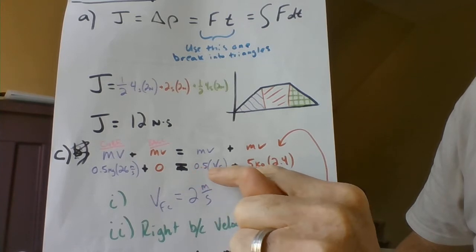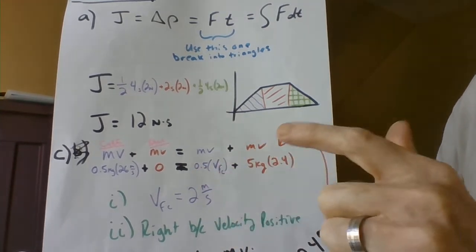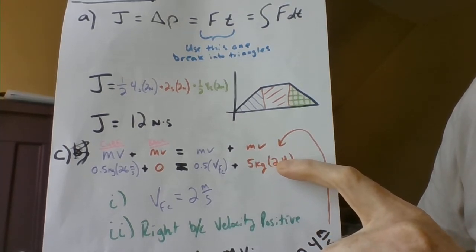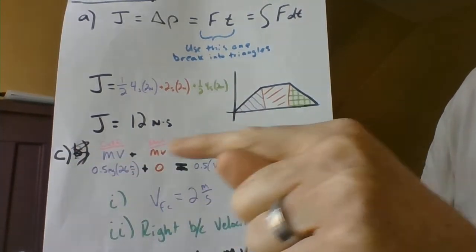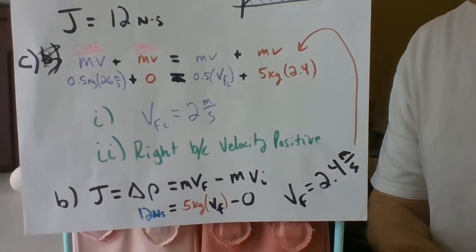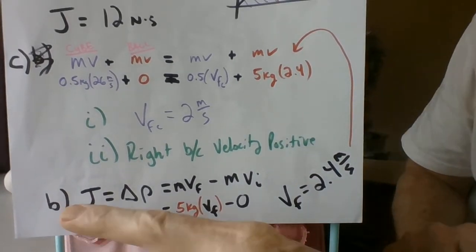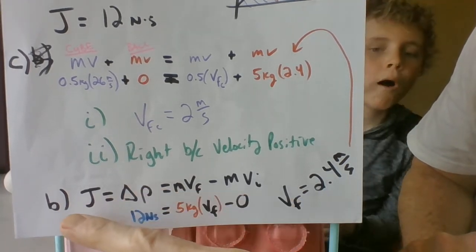We don't know the velocity final of the cube. And we don't quite know the velocity of the sphere yet. So this is actually solving for C, but I have to do B first. B says that the change in momentum is going to be equal to your impulse.